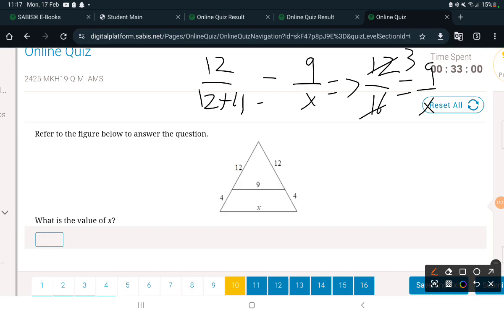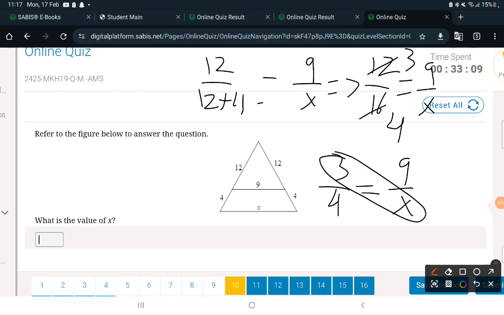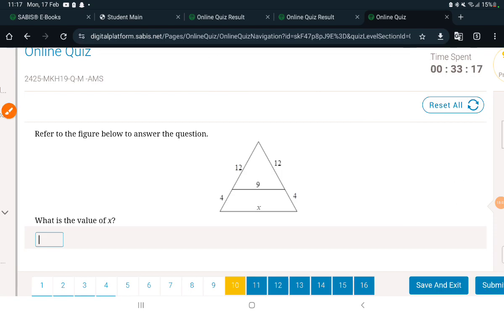This would be 3, this would be 4. So 3 over 4 equals 9 over x. Cross multiply. 3 multiplied by x is 3x. 9 multiplied by 4 is 36. So 36 equals 3x.